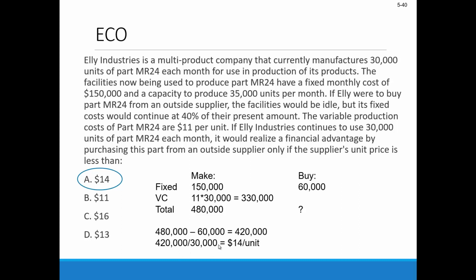If we divide that by the 30,000 units of the component part we need, that shows us that the indifference point is really the $14 per unit. In other words, if the supplier comes along and says they're going to charge us $15, then it's a no-go. But anything at $14 or lower, then yeah, it would be advantageous for us to buy it from the supplier rather than continuing to make it ourselves.